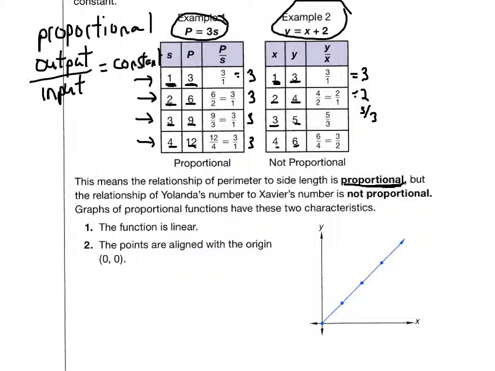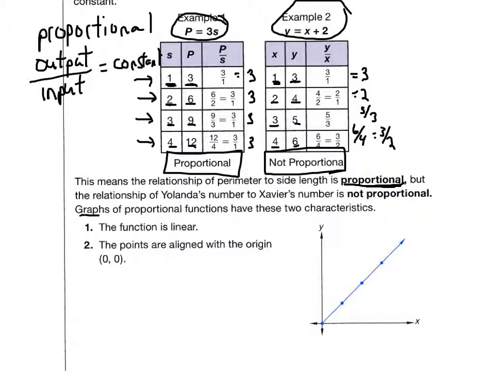And 6 divided by 4 gives me 3/2. So the relationship on the right is not proportional, and the relationship on the left is proportional. Hopefully that makes sense to you.